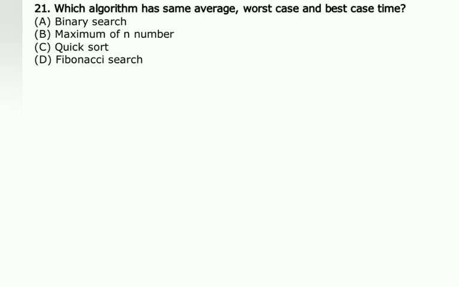For an unsorted array, finding the maximum of n numbers, we can solve this using a selection algorithm, that is theta of n, best and worst case the same time. So that's why the option is option B.